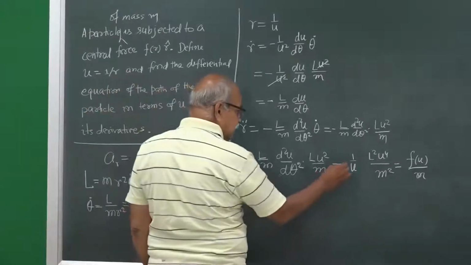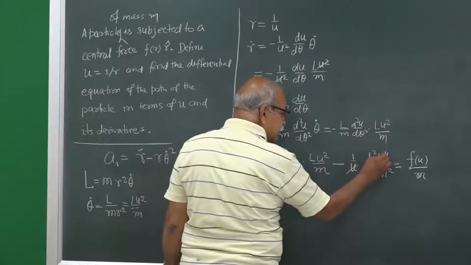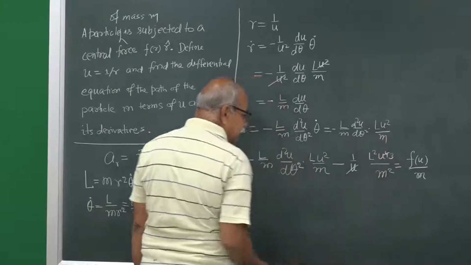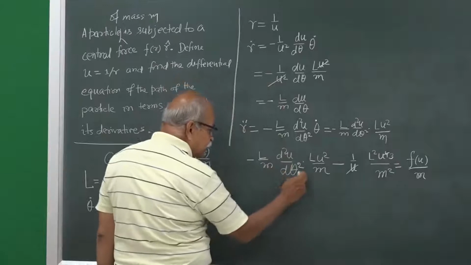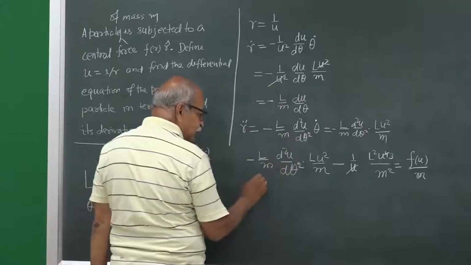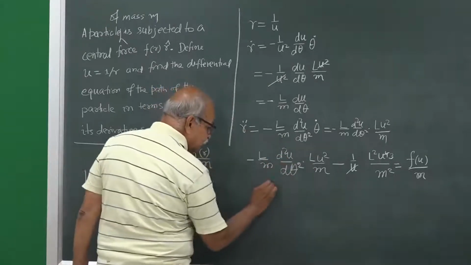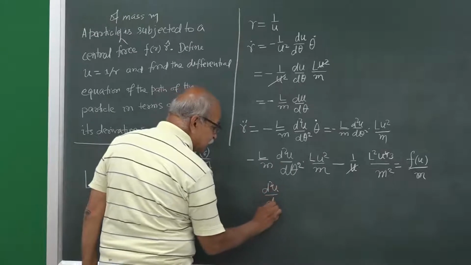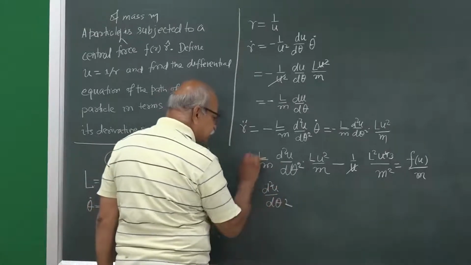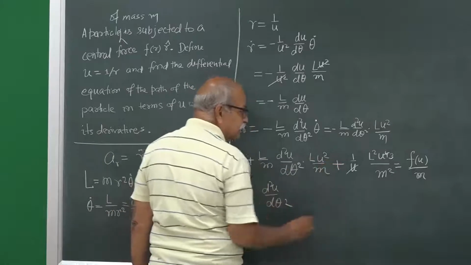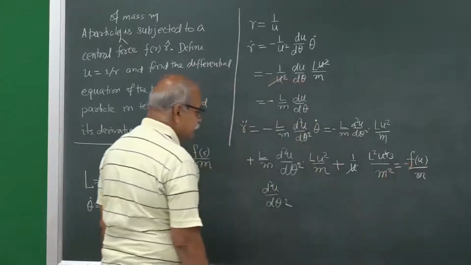So, you have this u, and here the fourth power becomes third power, and this thing I want to separate out. So, first let me do some simplification. This is d2u d theta square, and let me put a plus sign here and a minus sign here. Okay.